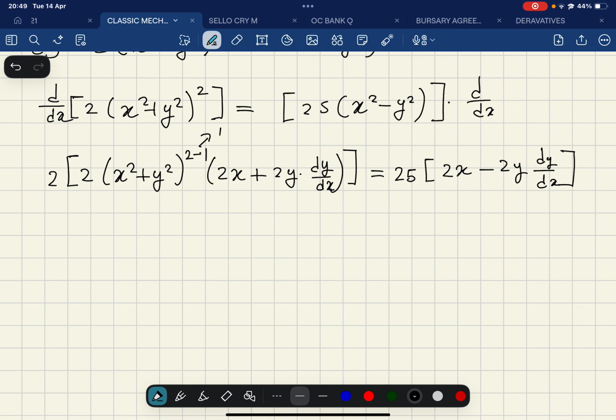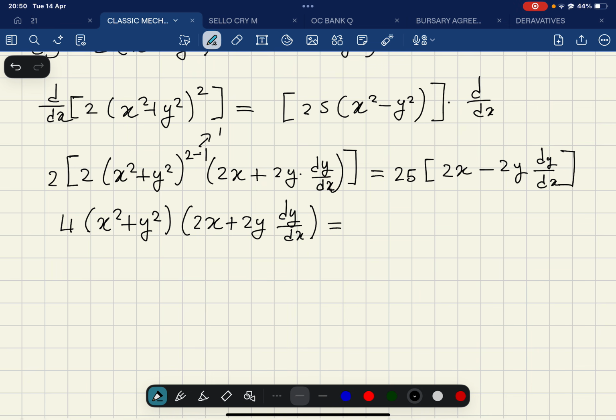Understand? Which means 1 times that one is going to be 4 into x squared plus y squared into 2x plus 2y. Then I have the dy over dx part.